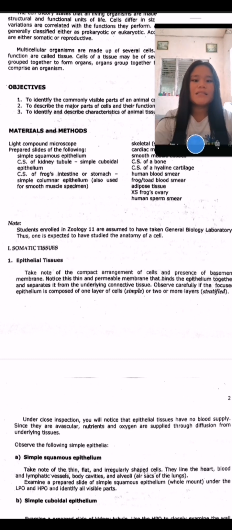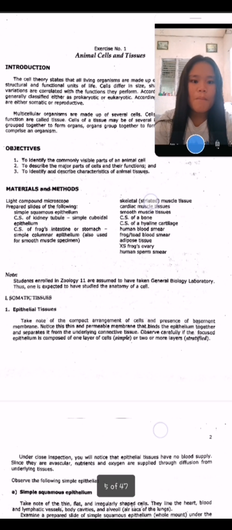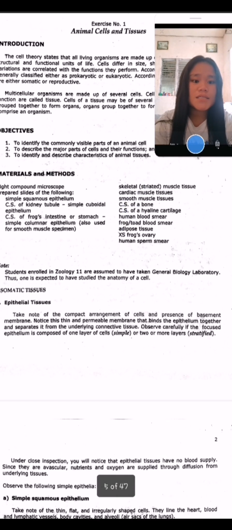For epithelial tissues, take note of the compact arrangement of cells and presence of basement membrane. Notice this thin and permeable membrane that binds the epithelium together and separates it from the underlying connective tissue.